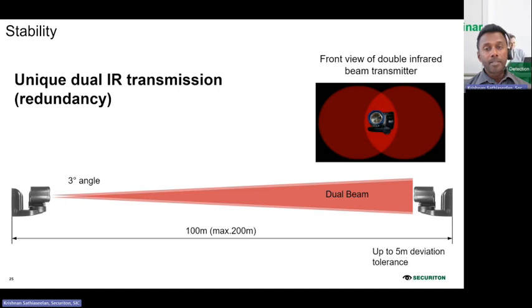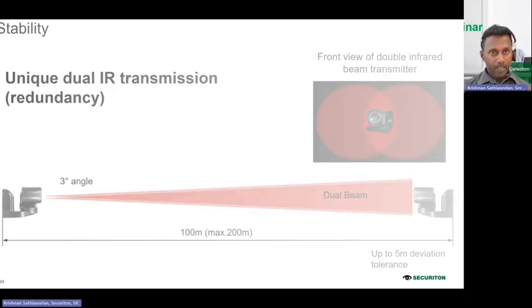This makes it more stable when there is slight movement in the building or slight misalignment, and even if it is compromised, the detections are still perfect. That's always a basic problem when we install a beam in a harsh environment or a building which may have issues with slight movement or vibration from the working environment. This can easily be overcome with the dual IR transmission and the wider range of beam capabilities.